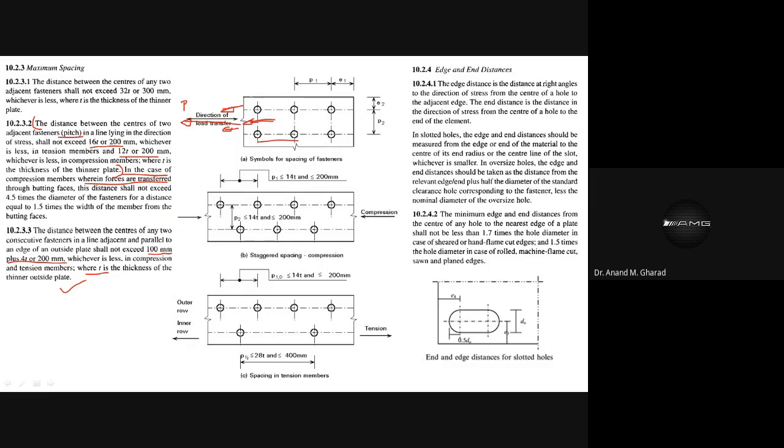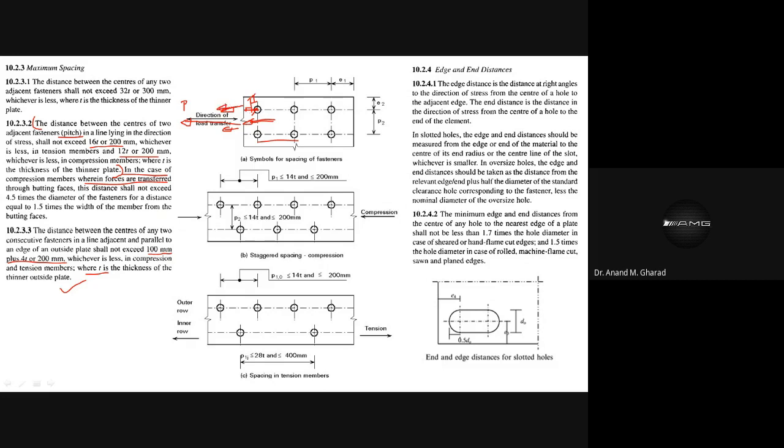That means this will be your edge distance. This distance is perpendicular to the direction of the stress, isn't it? Because the stresses, as you can see, are in this direction.